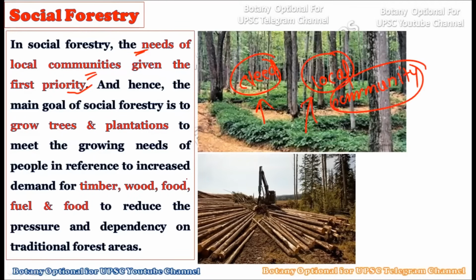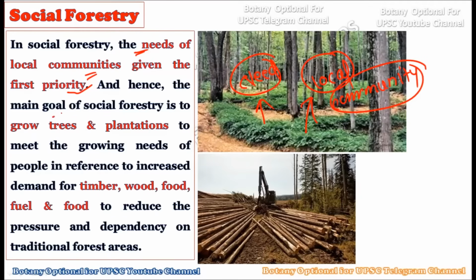In any local area where we want to do social forestry, we should understand the ultimate needs of these local people, and which type of forest product can fulfill any type of food requirement or job requirement. According to that we should create the forest. So in social forestry we always first study the local community, understand their needs, and according to these needs create the community forest or social forestry.